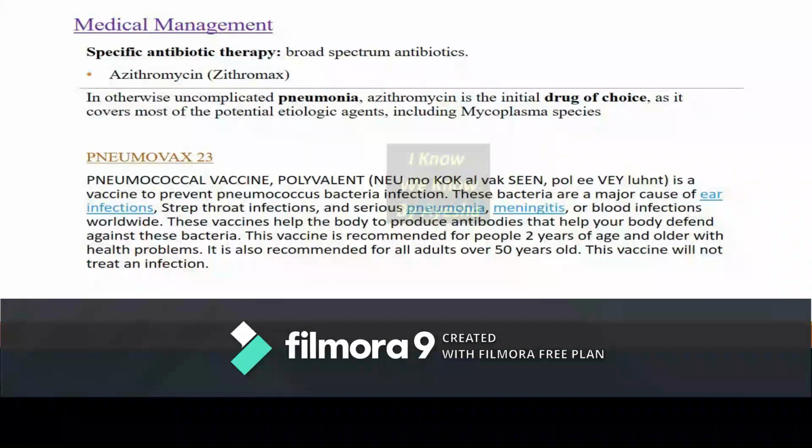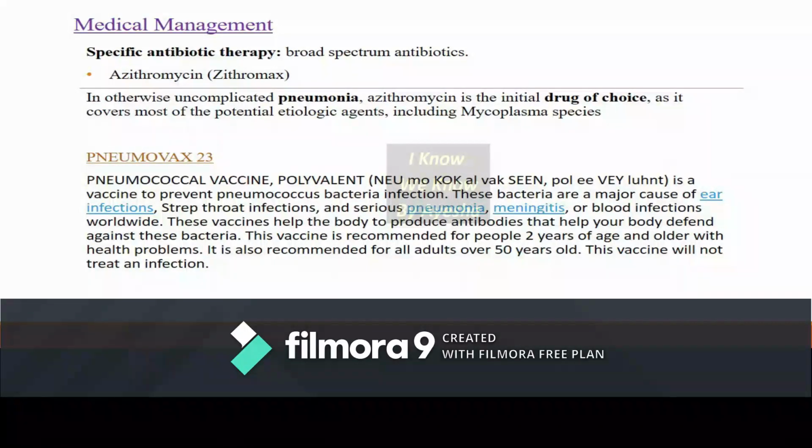Medical management for pneumonia. The most common drug of choice of the physician is azithromycin, which is a broad spectrum antibiotic which helps in treating bacterial pneumonias. Next we have the Pneumovax vaccine, which is given especially to people 2 years of age or older with any health problems.